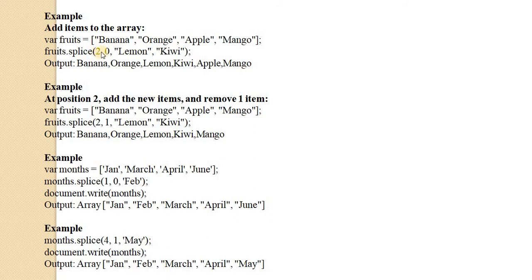Here this 2 means an index 2, and 0 means the delete count is set to 0, which means no elements are removed from the array. So the output of this example is 0, 1.